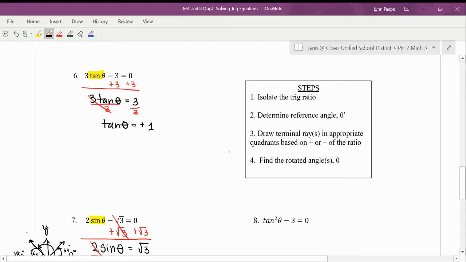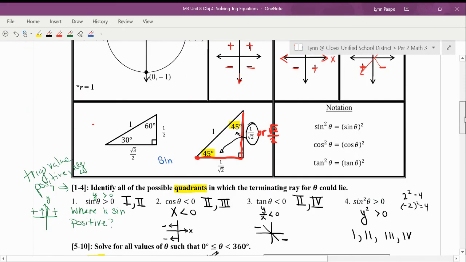And that would give me a positive 1. So I want to find my reference angle, and then I want to find my rotated angles. So where would tangent equal 1, right? Where does tangent equal 1? So I have to look up here at my triangles.